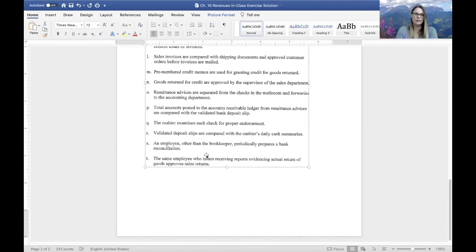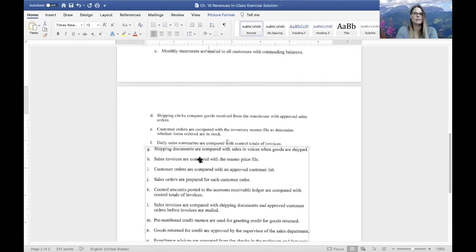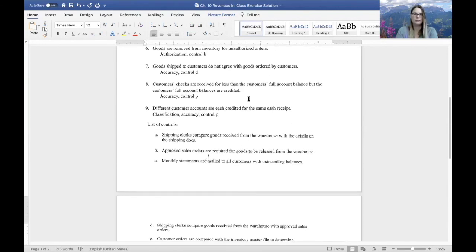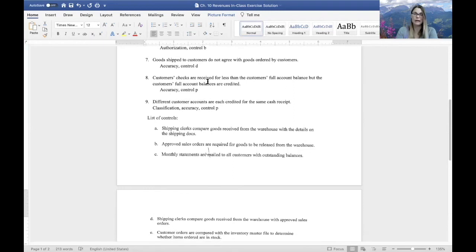And I think it's those returns being approved. So it's really unrelated to things being recorded in AR and things being credited to cash. It's just unrelated to this part of the process.